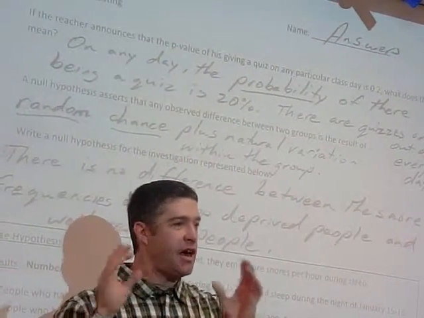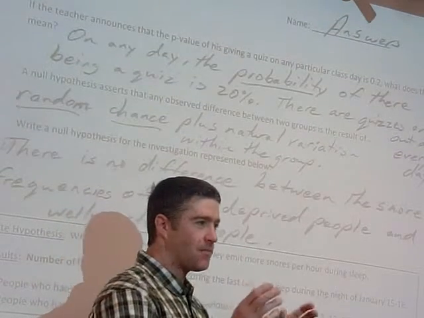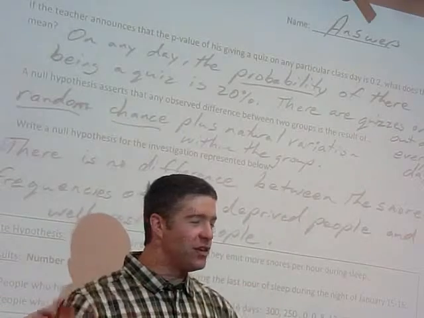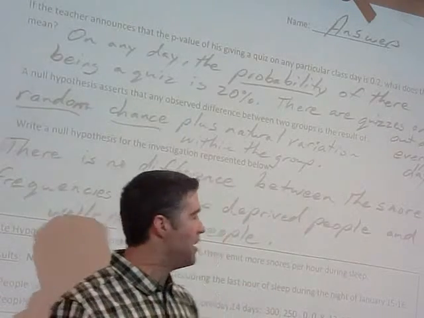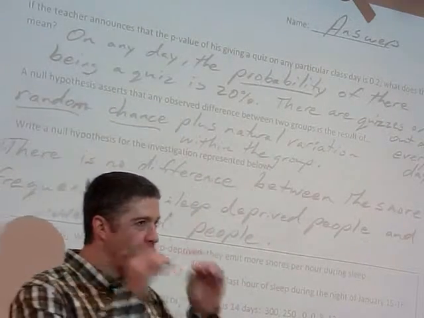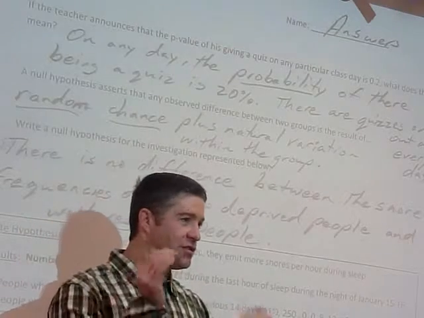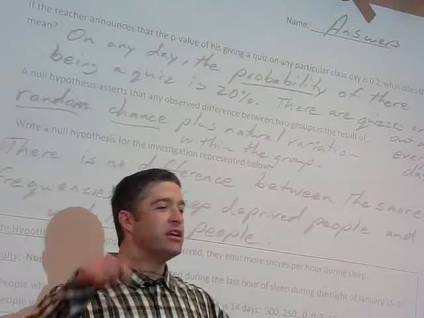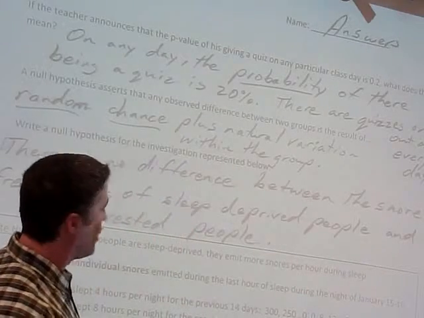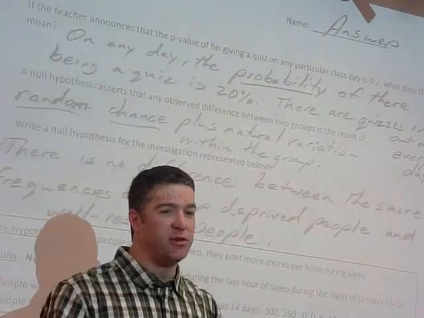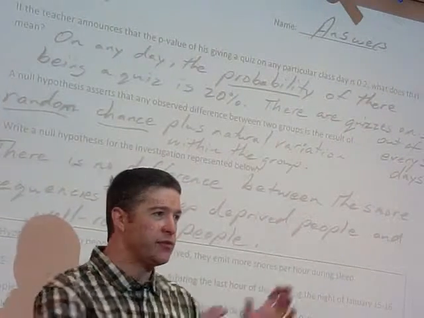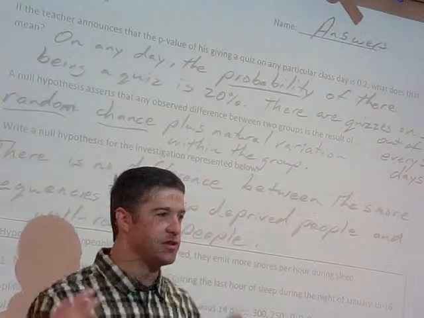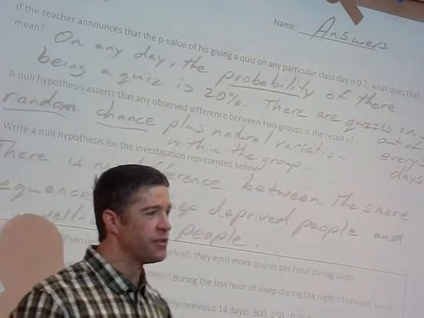Let's suppose I have a group of girls and a group of boys, and there's no difference. It's not related to gender at all. It's not a sex-linked kind of thing. But within the boys, some people have longer eyelashes and some have shorter, and some girls have longer eyelashes and some have shorter. And I randomly select between those groups. I select 5 boys and 5 girls, and I measure their eyelashes, and I find out that all the girls have longer eyelashes and all the boys have shorter eyelashes.